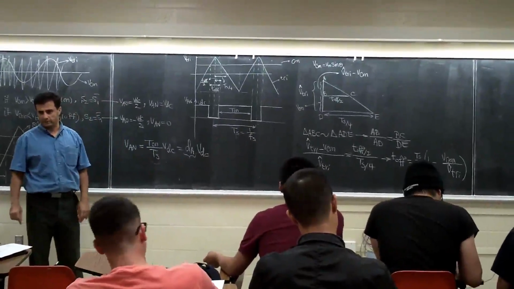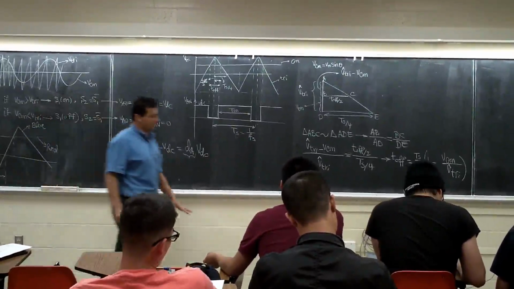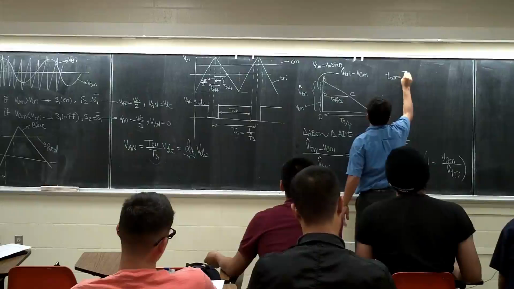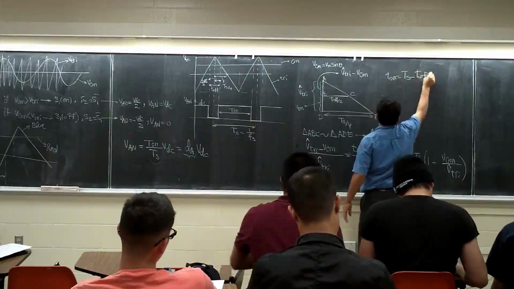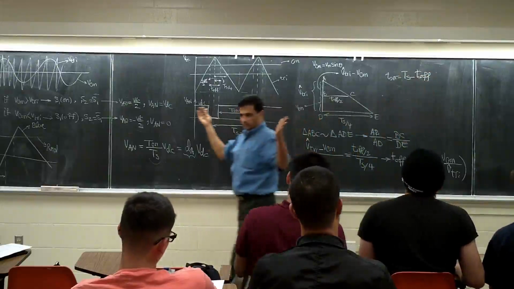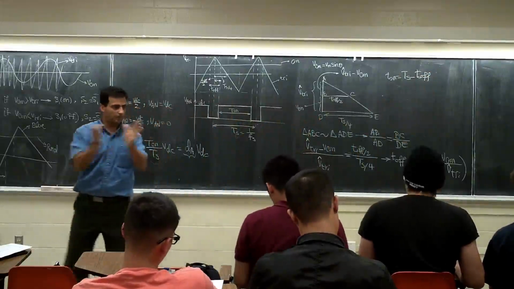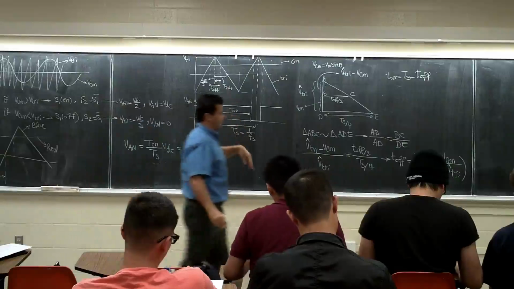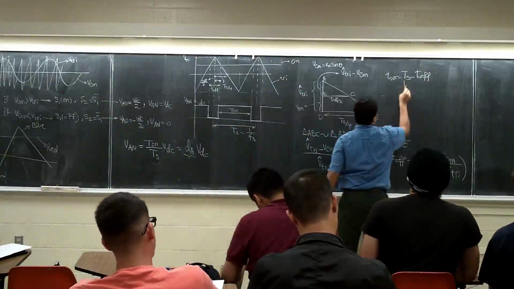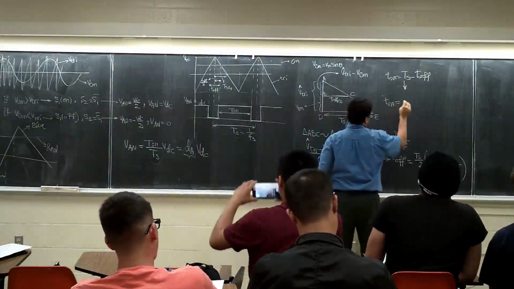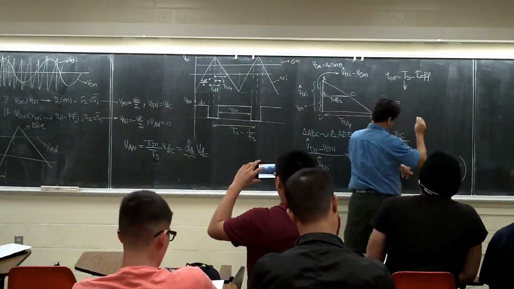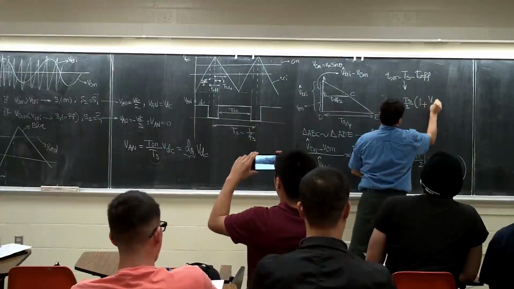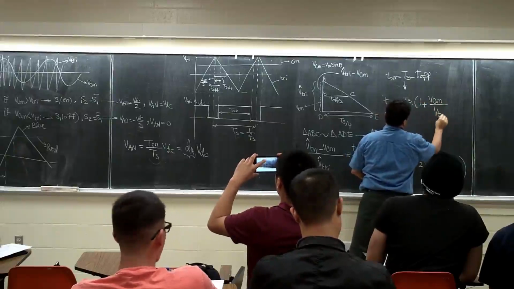How much is the TS? Oh, sorry, T on. How much is the T on? So one cycle: this much is off, the rest is on, right? So I have the T off, let's subtract this thing. Basically T on is going to be, I think, TS over 2 times 1 plus Vcon over VTRI.